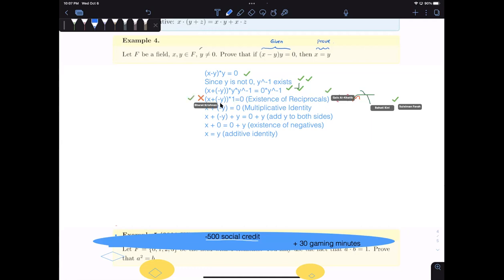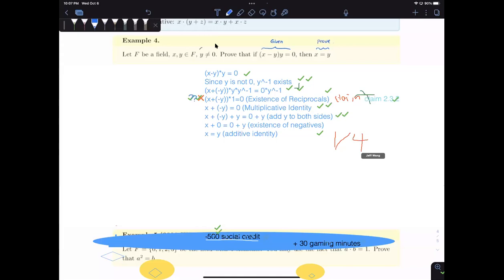Okay, and just adding stuff here in this step. And then the next part is x plus negative y equals to 0. This is multiplicative identity. That's correct. And then we're adding y on both sides. And then we have x plus 0 equals to 0 plus x.